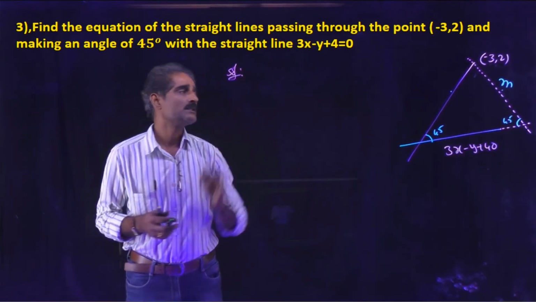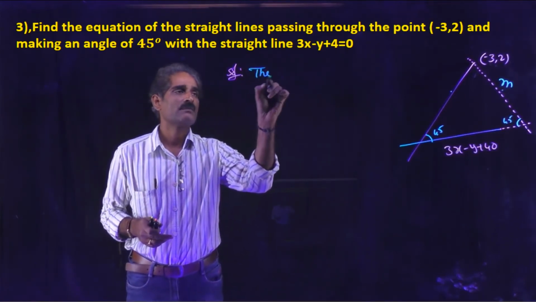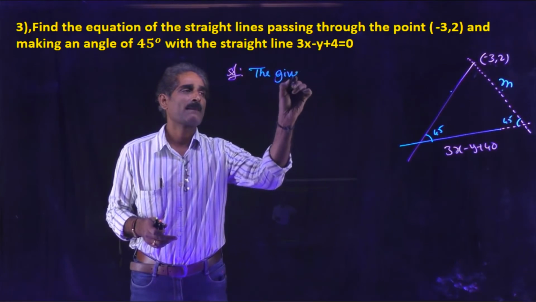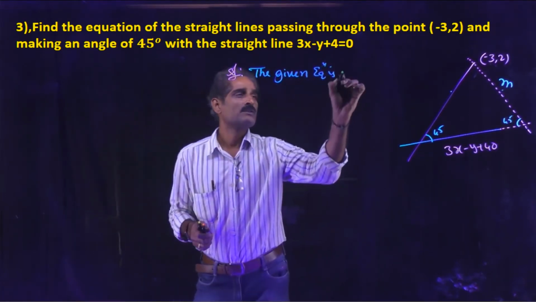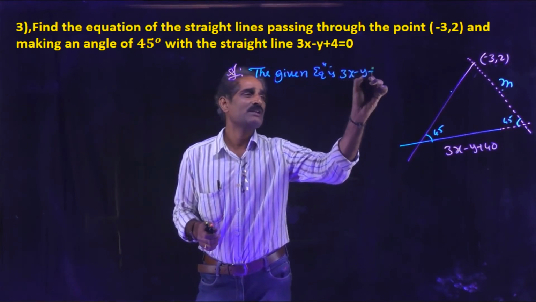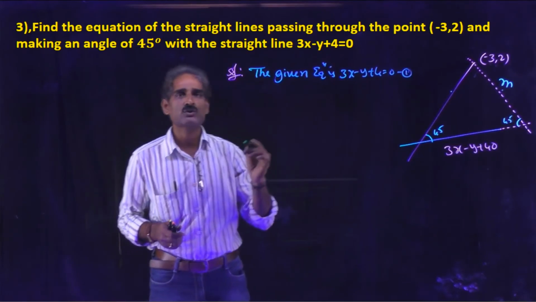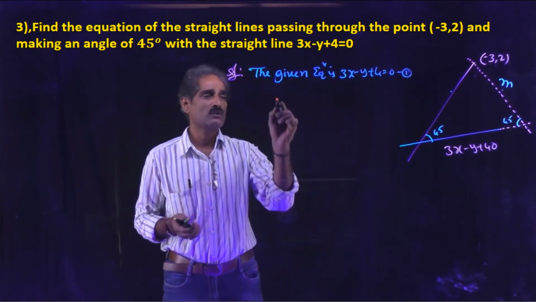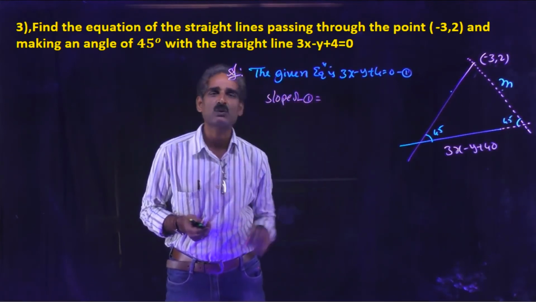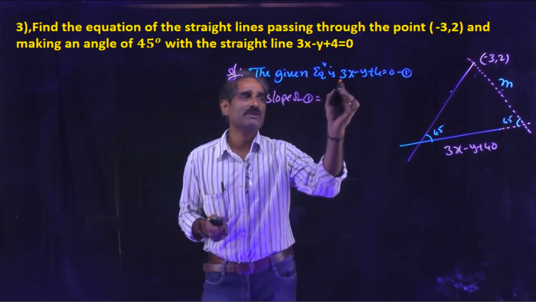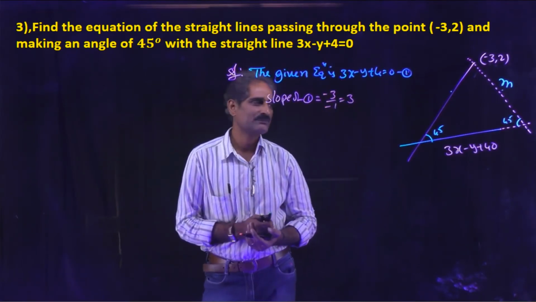Now come to the solution. The given equation is 3x minus y plus 4 equal to 0. Let it be 1. Now find the slope of this line. Slope of line 1 is equal to minus x coefficient by y coefficient, that means minus 3 by minus 1, which is equal to 3.